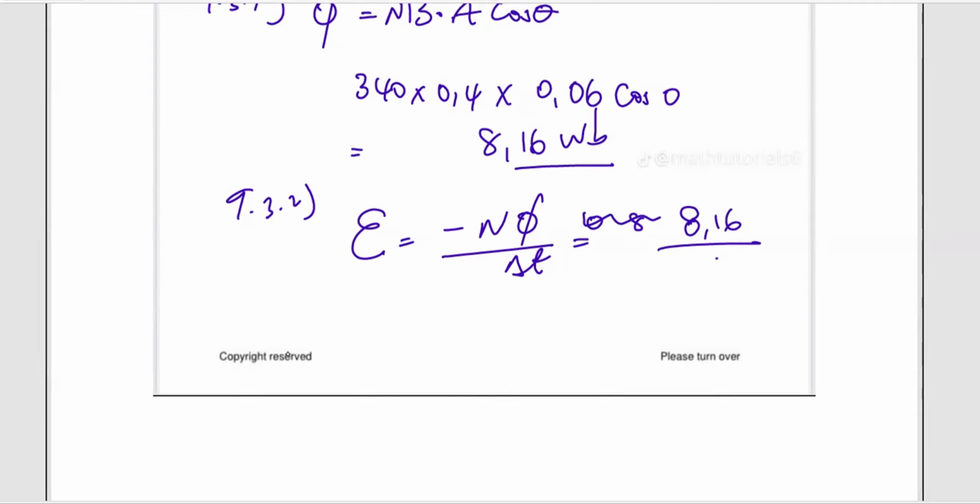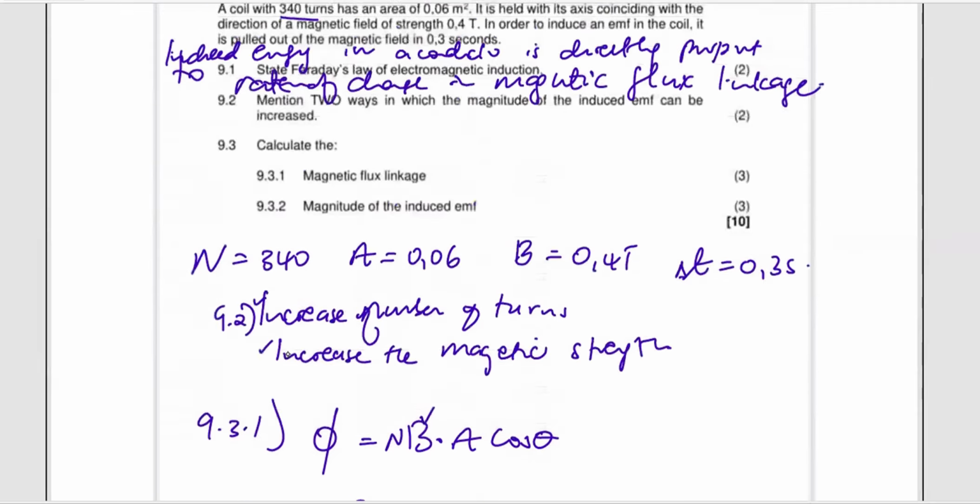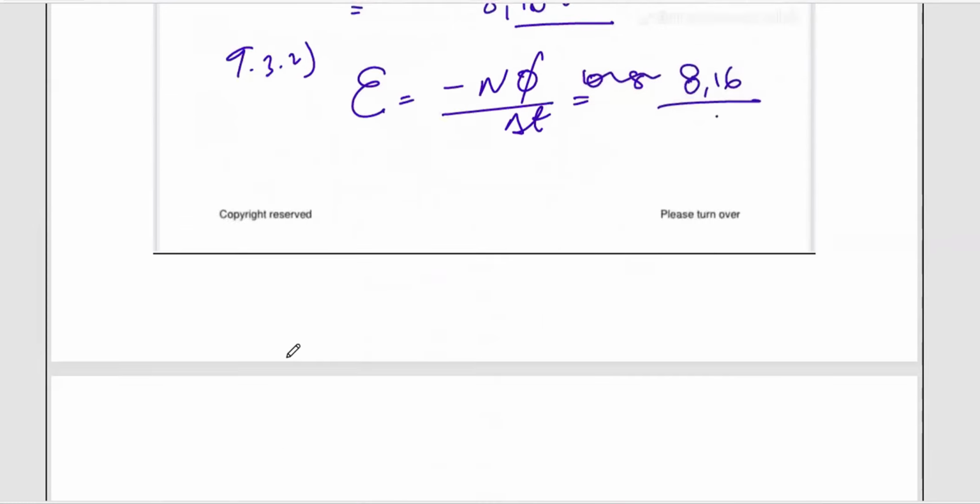Was it 3 or 0.3? It was 0.3. Yeah, we're going to divide it by 0.3. So this gives me 27.2 volts. A negative and a negative will give us a positive. So that's how we would have gone about with that question.